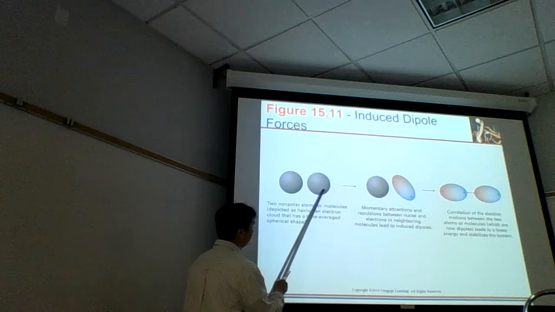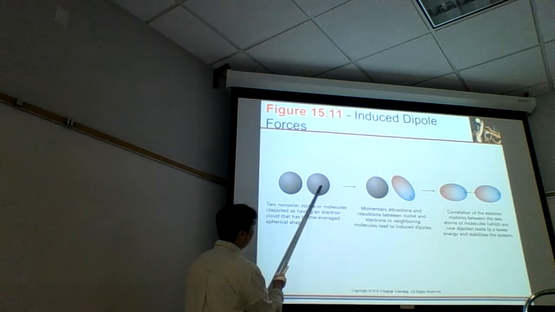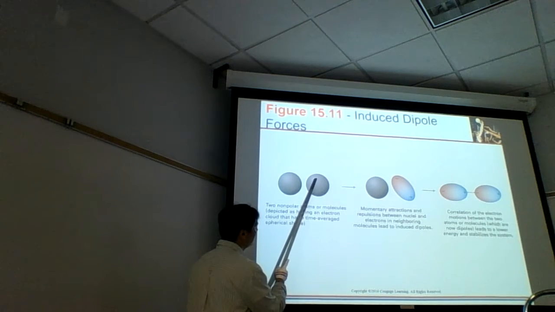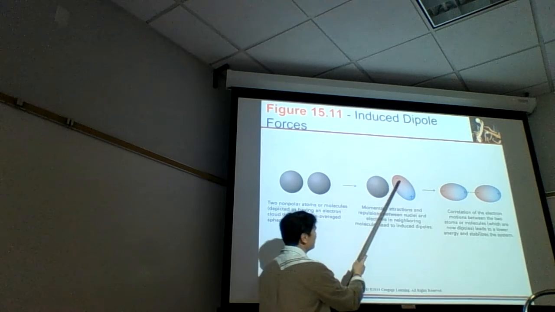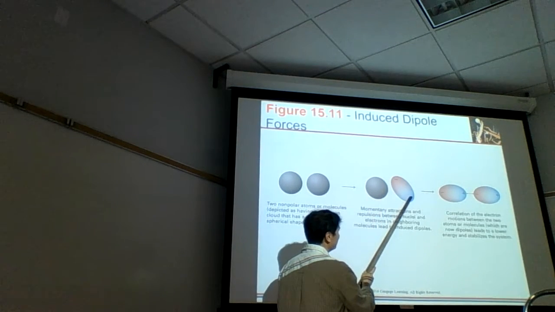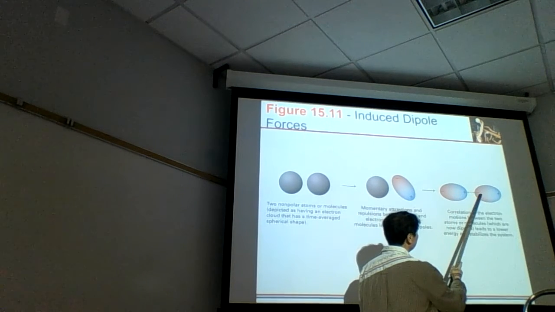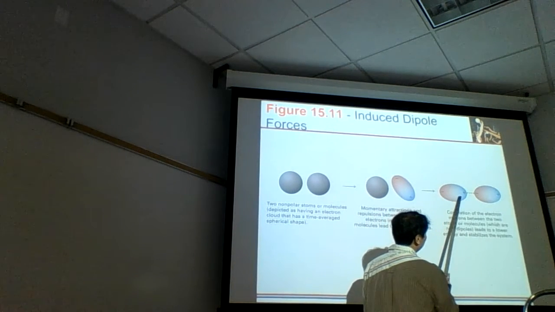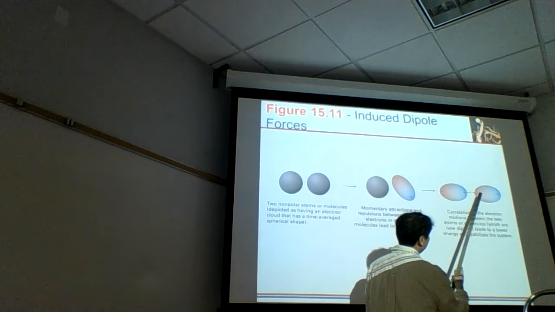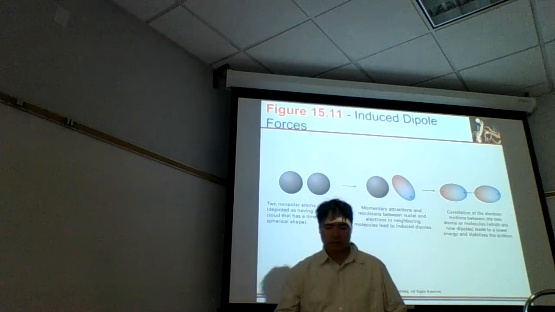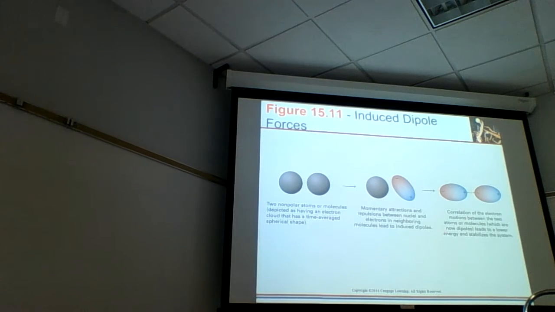But in one instant of time, you could have a few extra electrons on one side. That creates an instantaneous dipole. It induces a dipole, and then we have an attraction like this. Then the electrons move, and this breaks, and it's no longer there. So this is one way two mercury atoms can be held together. They're held together by electrical forces.